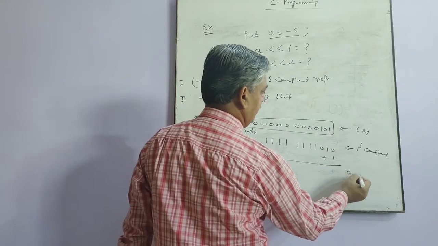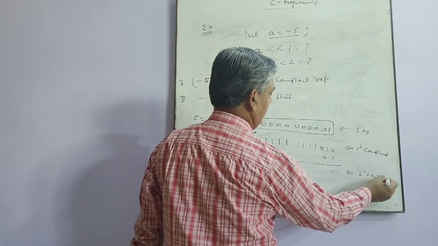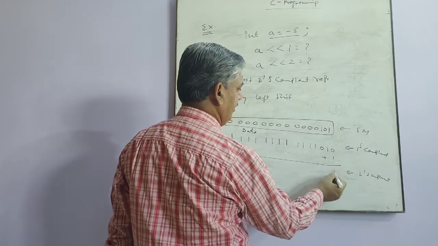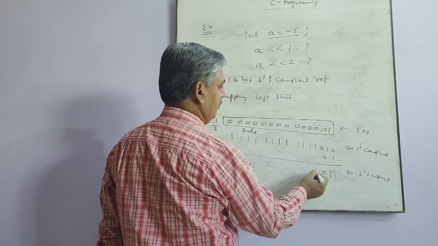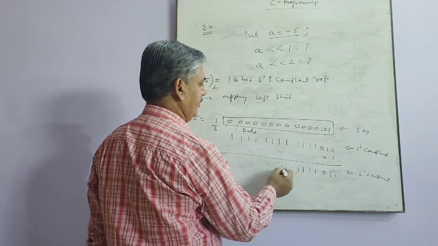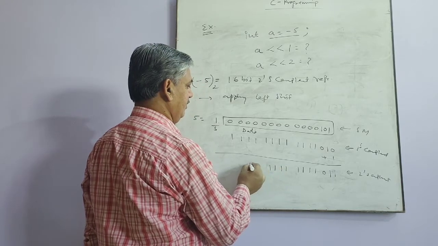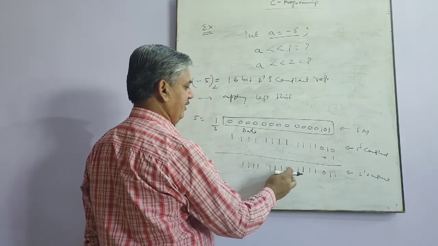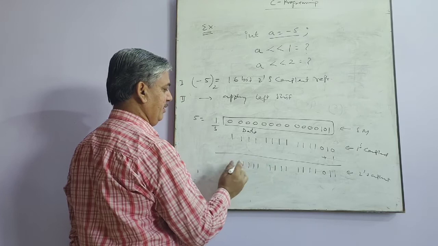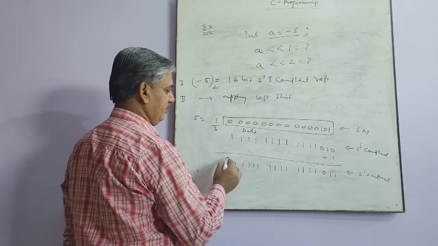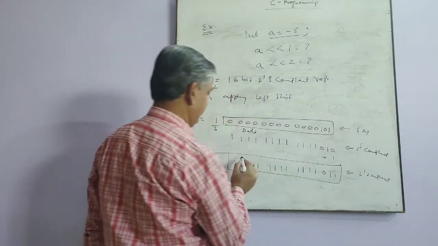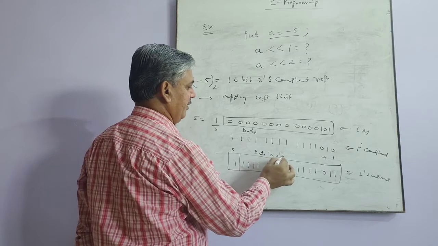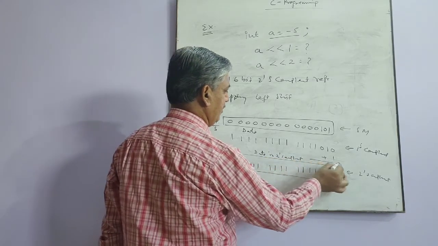So this is the 2s complement: 1 1 1 1 1 1 1 1 1 1 1 1 0 1 1, with bits numbered 0 to 14 and this sign bit is 1. So this is the 2s complement representation. This is the sign bit and this is the data in 2s complement. Clear?